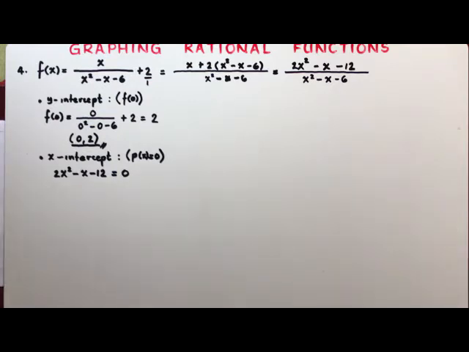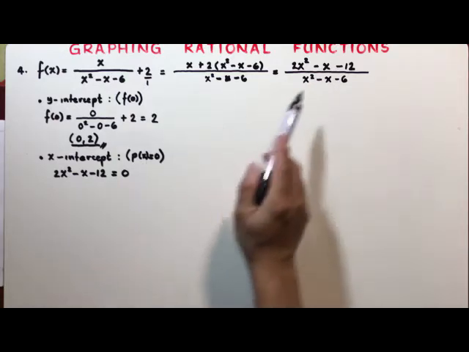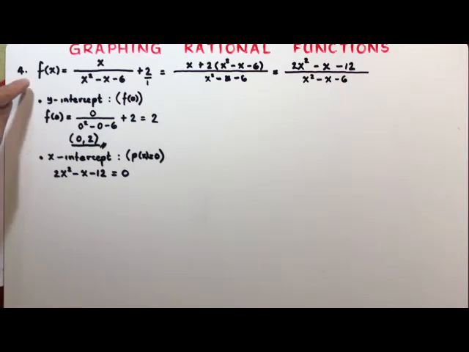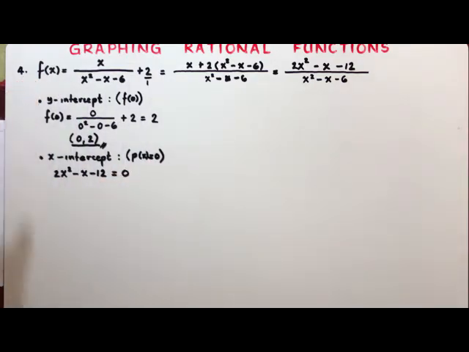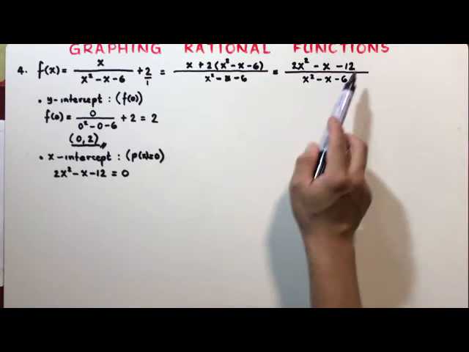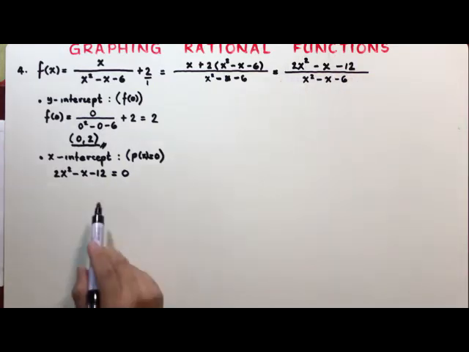Remember, for the x-intercept, the y-coordinate must be 0. And why do we set the numerator to 0? Because your y, which is f of x, must be set to 0. So 0 times the denominator is 0, so 0 equals the numerator. That's why we set the numerator equal to 0.